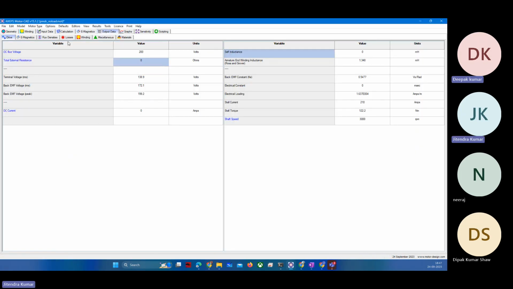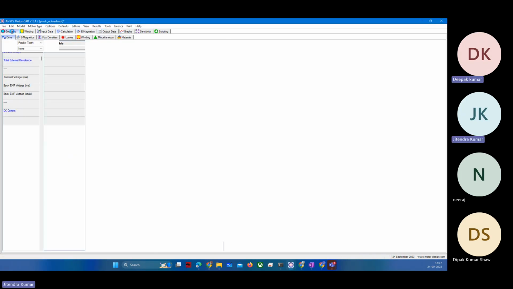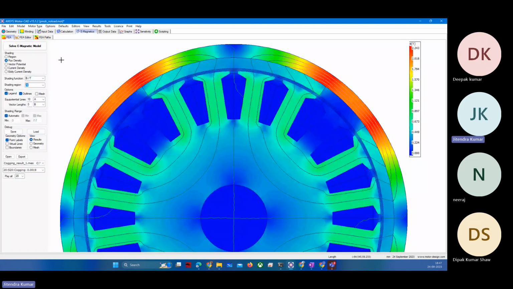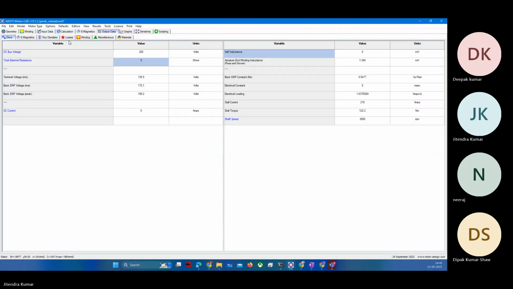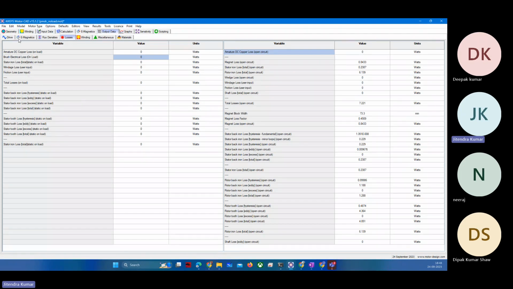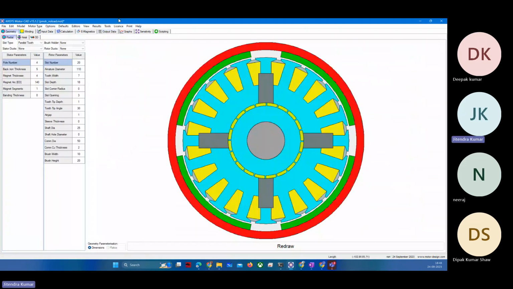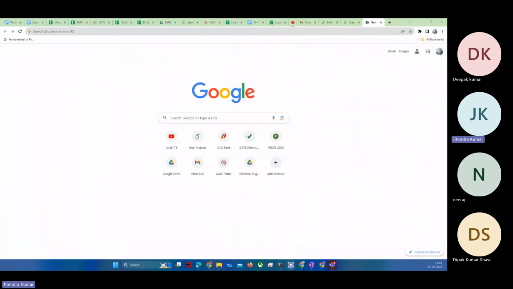So let me show you, when I bring this loaded condition, how much losses you can see in that model. Since it is on no load, there is no point discussing losses. Let me bring back the things.